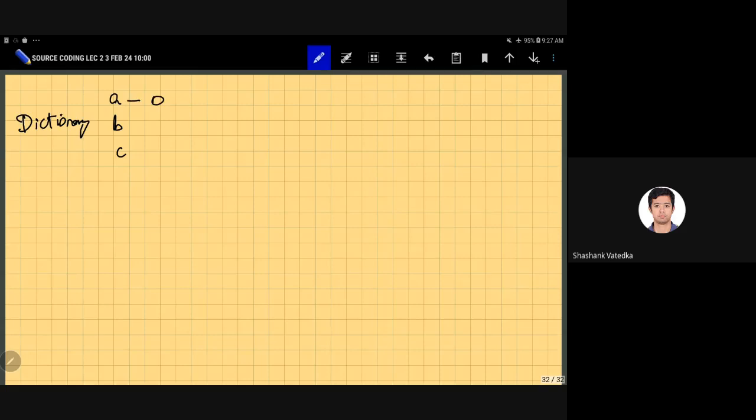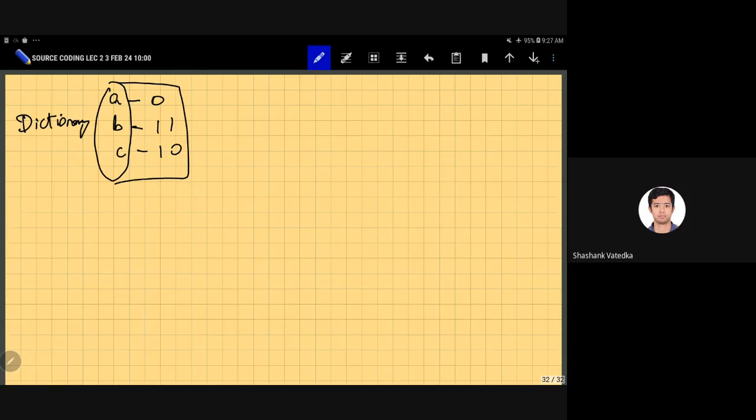So A is 0, B is 11, C is 10. After all, you need to know what symbols are being encoded, and corresponding to the dictionary, which consists of the symbols and the corresponding code words, you can encode and decode.